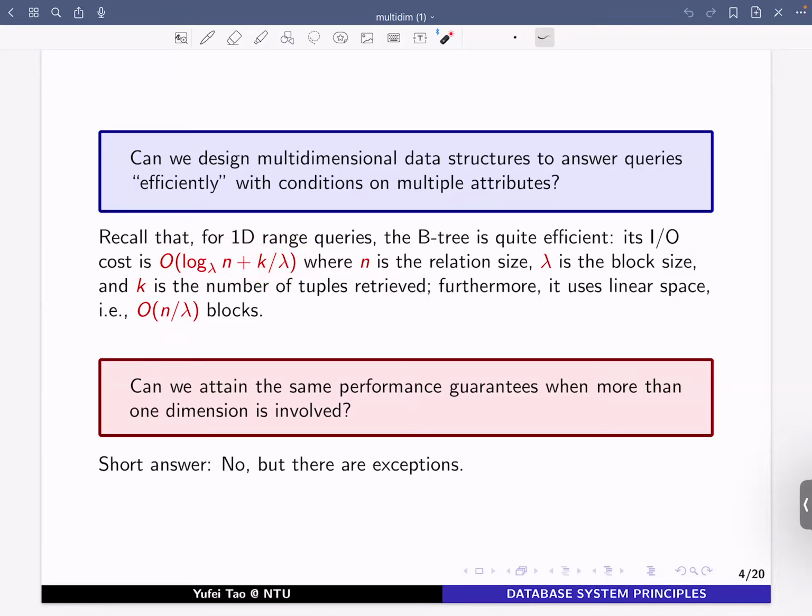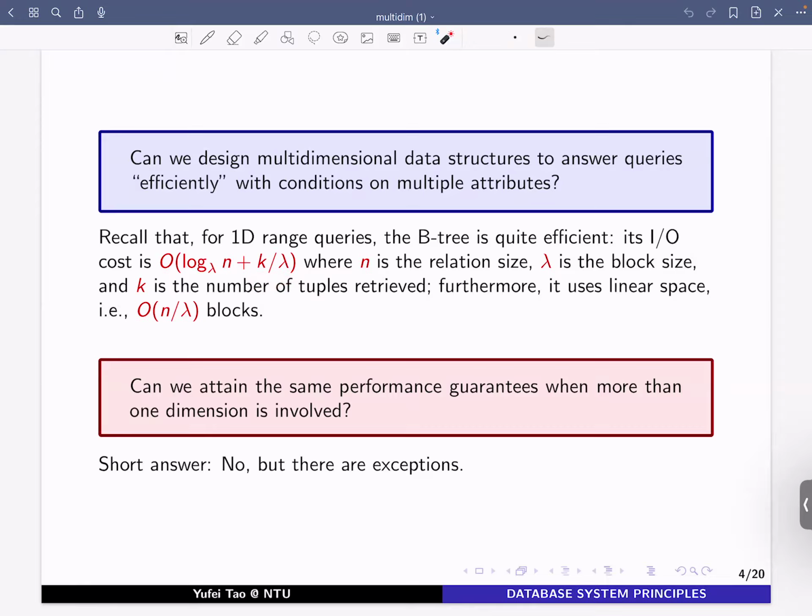If we have k tuples in the result satisfying this range condition, then you have to report k values, and each block can contain on the order of lambda values, up to a certain constant. Therefore, no matter what, you will have to read k over lambda blocks just to find the k points that you want to report.